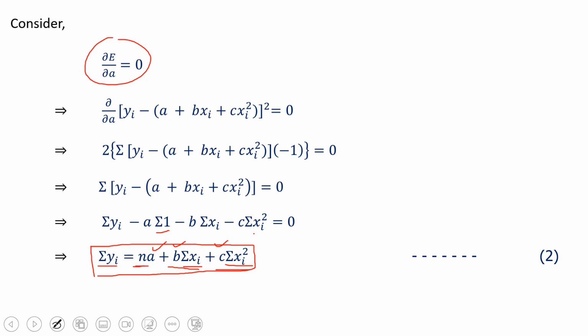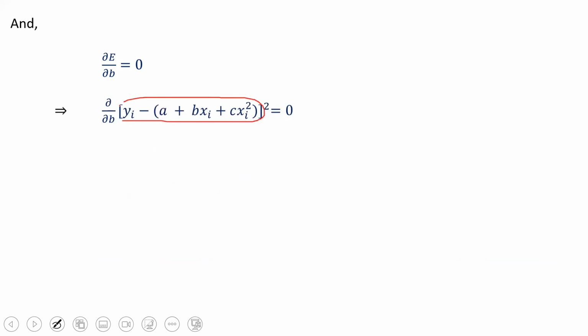In the same manner, let us find another equation by using the partial derivative of E with respect to b, which is equal to 0. So again, we have the same x square. What is the derivative of x square? It is again 2x, 2 times x.